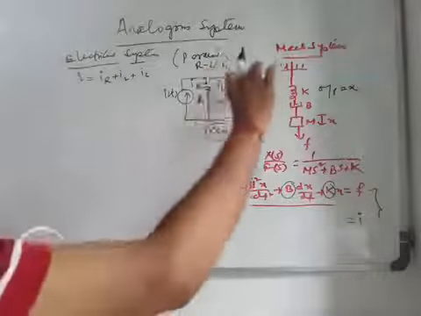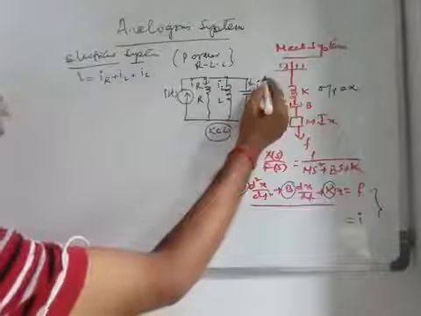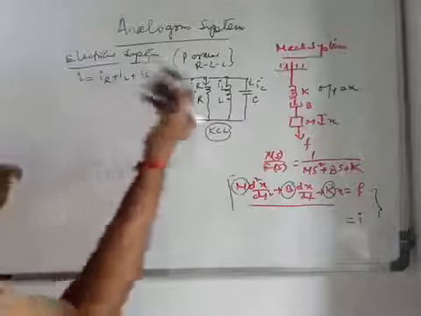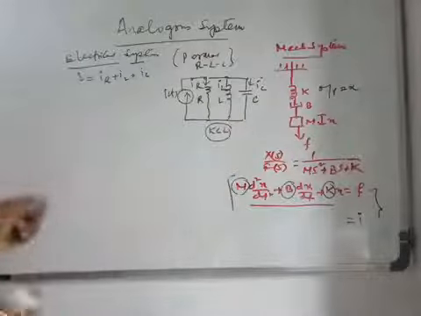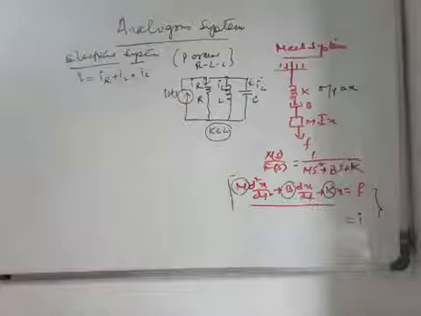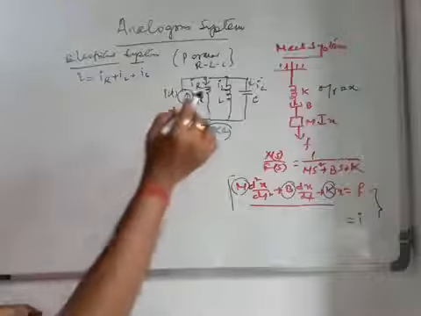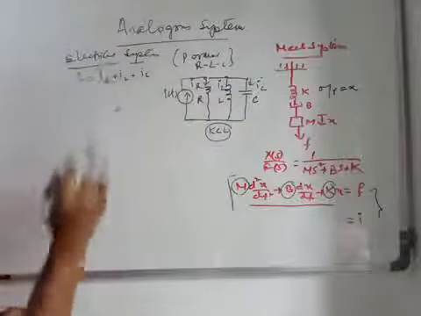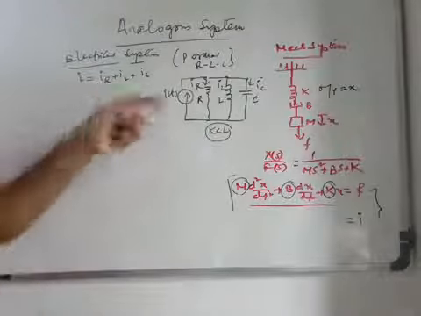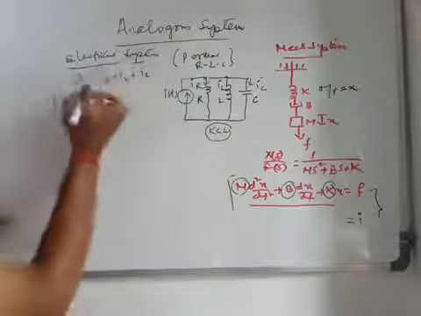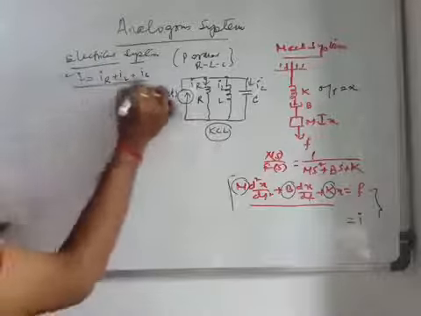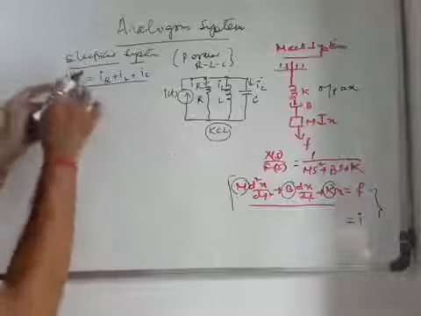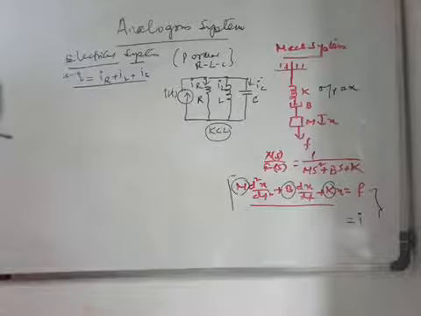So the voltage across the capacitor will be equal to the voltage across the inductor and the voltage across the resistance R. If we can find the voltage across the capacitor, then you can find out the rest of the voltages and satisfy the node equation. That means IR plus IL plus IC will be equal to I. That is our motto.